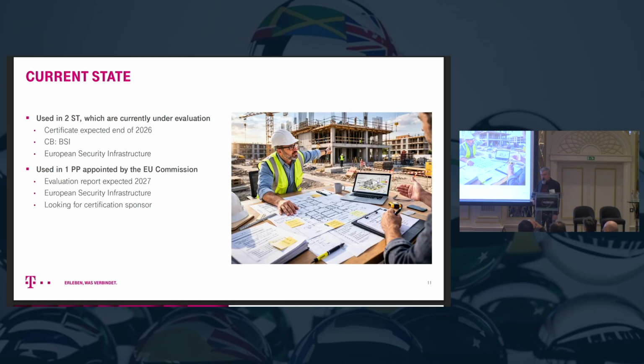So where are we? Currently, I have 2 security targets which use this. They are currently under evaluation, and I'm writing a protection profile on behalf of the European Commission, which also uses this.